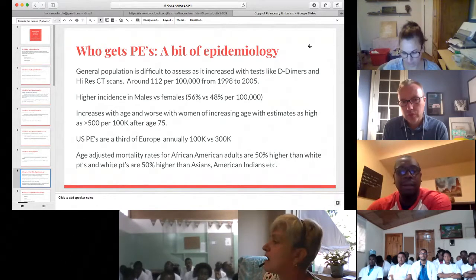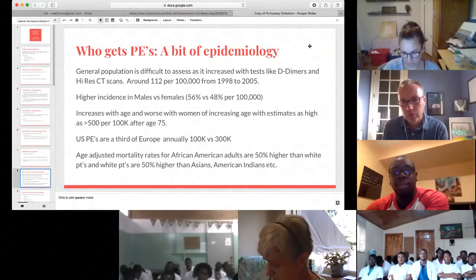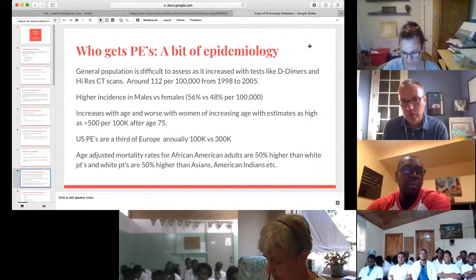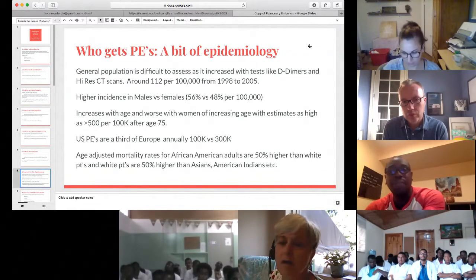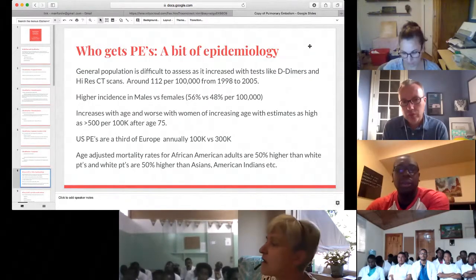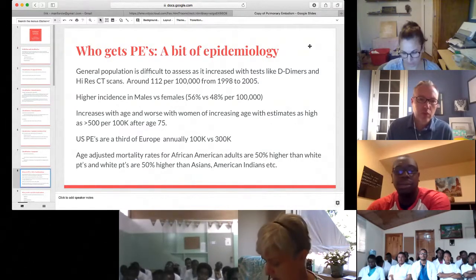Donc, ça a causé une augmentation de la détection de l'embolie pulmonaire, mais on ne sait pas si c'est parce que les moyens diagnostiques sont beaucoup plus efficaces ou est-ce qu'il y a une augmentation de l'incidence de l'embolie pulmonaire au niveau mondial.